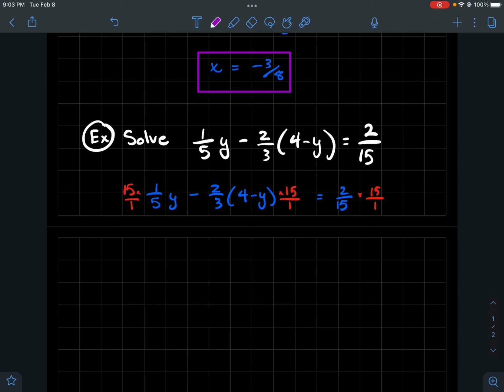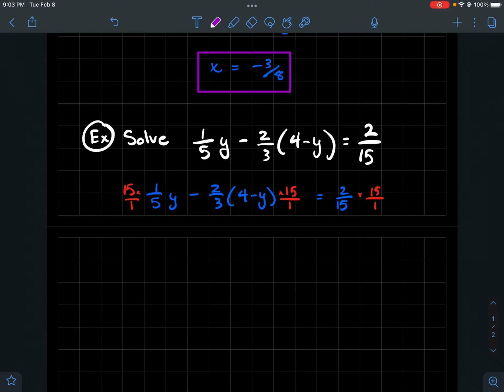So that's why you notice I've multiplied, thinking of these as 3 different pieces, all 3 pieces by 15. And the point is, now this 15 and the 5 will cancel and give me a 3. This 15 and this 3 will cancel and give me a 5 over there on the right. And then finally the 15s over on this side cancel altogether.